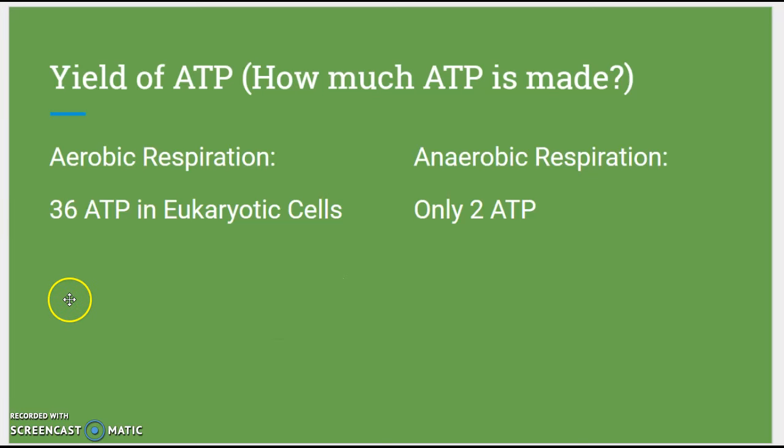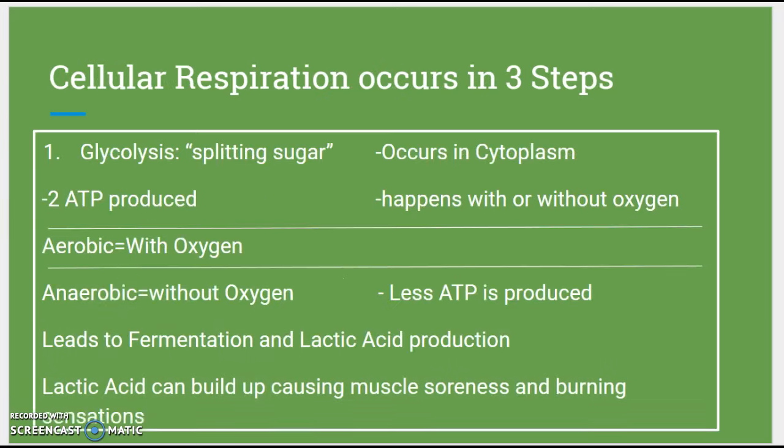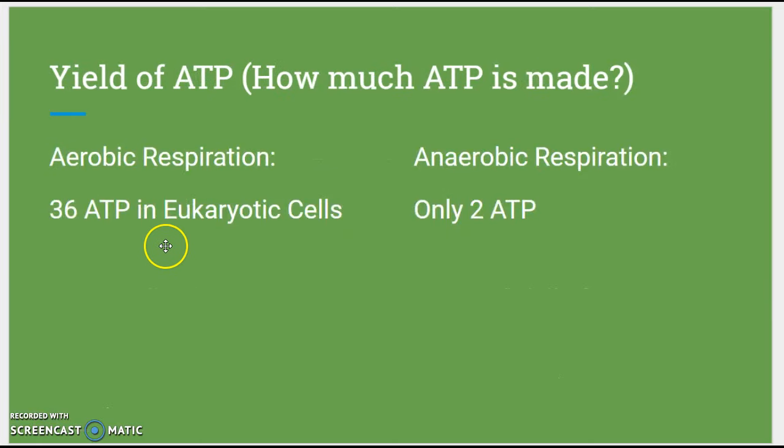So here, remember back when we were talking about the differences between aerobic and anaerobic respiration. I told you in anaerobic respiration, less ATP is produced. Your cells want to go through aerobic because they want more energy. So here, this is just a comparison. Now, you don't need to remember these exact numbers at all, but you do need to know that anaerobic respiration produces a significantly less number of ATP, okay?